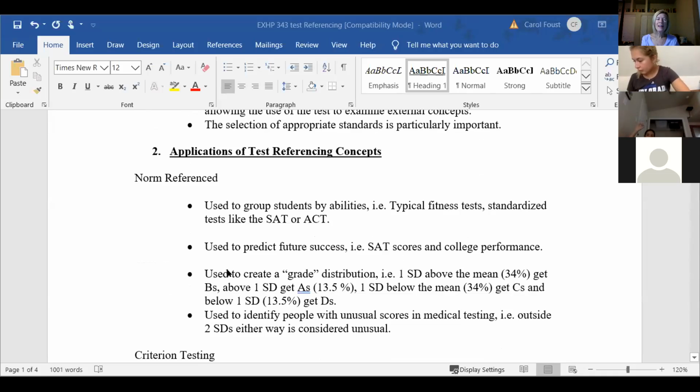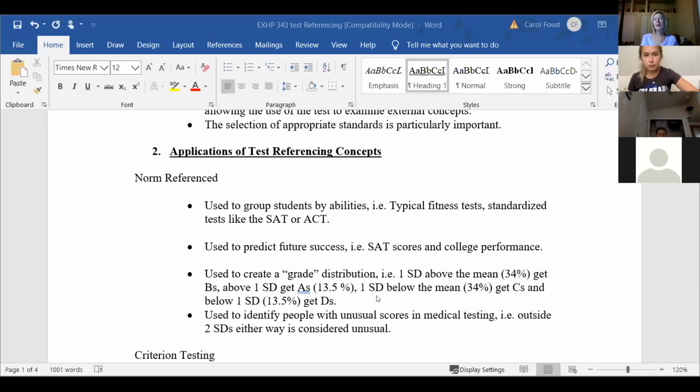So we can actually use distributions to give people some referencing. Maybe this has happened to you, like you took the SAT or the ACT and you were able to see on your results what your score was, but they also let you know what your percentile was. So that gave you a feel for how you compared against the other group that took the SAT or the ACT that year.